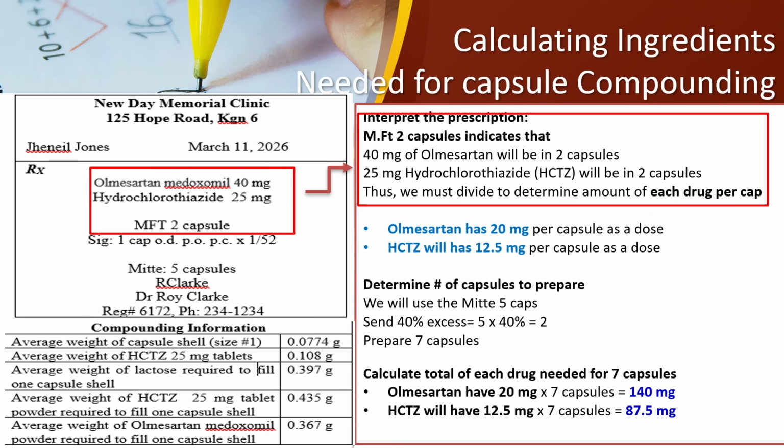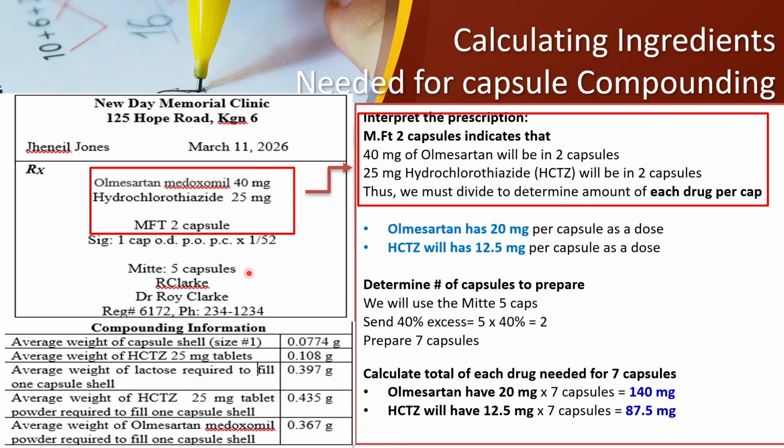Now we need to determine how many capsules we need to prepare. Although the signatura is there, below the signature we see MITE 5 capsules. So we are not going to ignore the signatura, but as was discussed throughout this module, we are going to really focus on the MITE or the DTD.